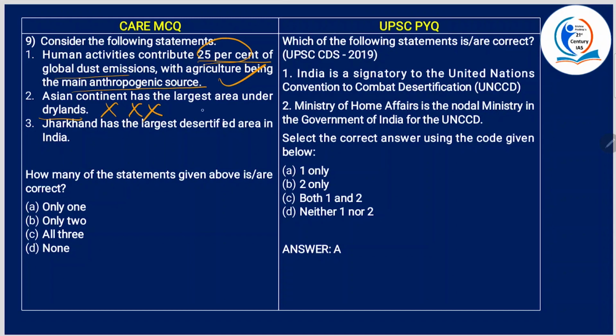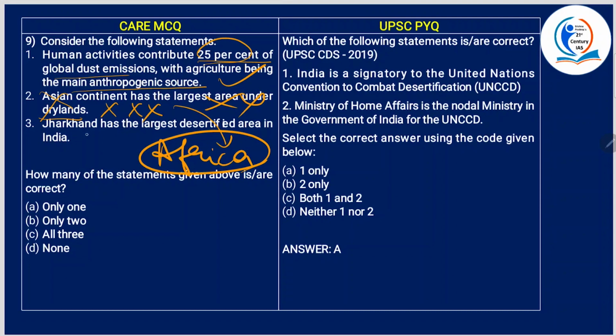No, even if you use common sense, if you just close your eyes and observe the map, Africa is there, no? It has a lot of dryland, like 66% of Africa is like that. Fine. And so this is wrong.